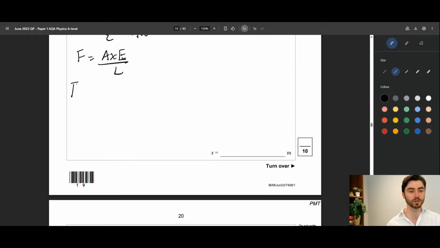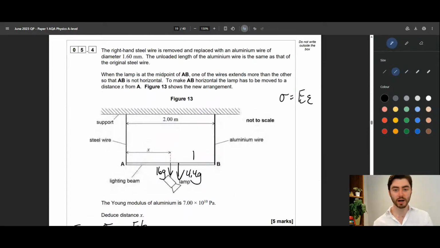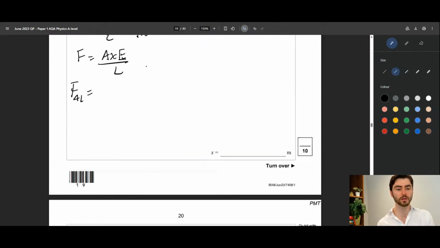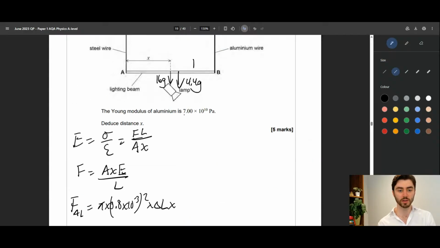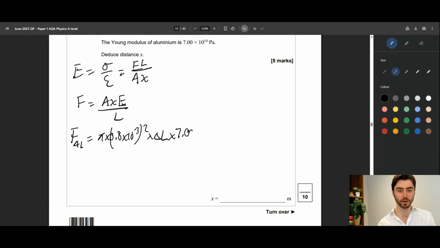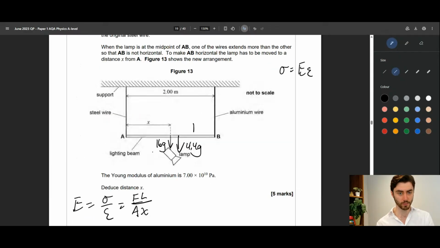So the force on the aluminium would equal the area, which is pi times 0.8 times 10 to the minus 3 squared, times the extension, which I'll call delta L, times the Young's modulus of the aluminium, which is 7.00 times 10 to the 10, all over the unstretched length of 1.2.